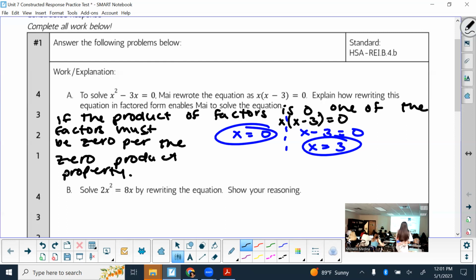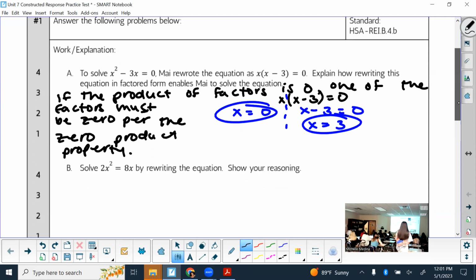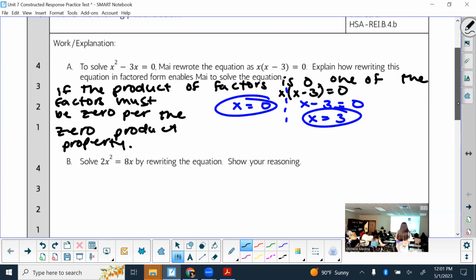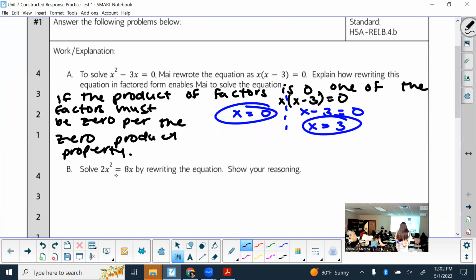Okay, so then part B of this one says solve 2x squared equals 8x by rewriting the equation. How would you rewrite it? Well, figure out the way that it looks. How would you want to solve it?